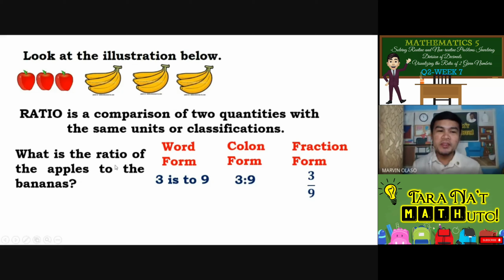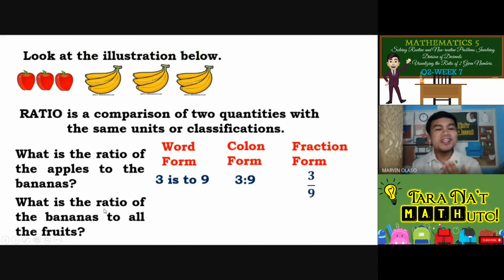Please be careful with the first and the second term. What about this question: what is the ratio of the bananas to all the fruits? The first term, bananas. The second term, all the fruits. As simple as this. Let's start with the word form.